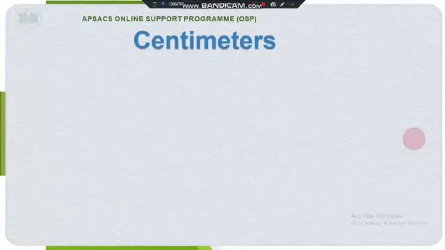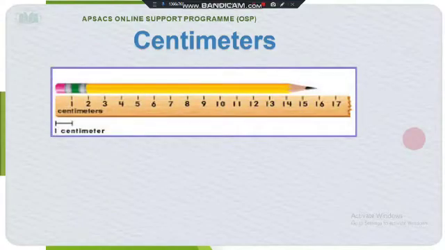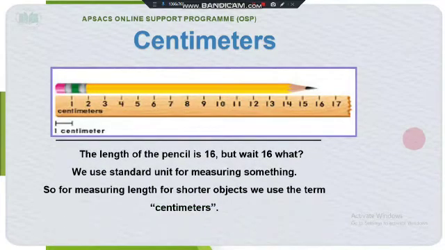Now, centimeters. What are centimeters? You can see over here, I am measuring a pencil and it is beside the ruler for measuring. Now, 16 is the number on the scale, but 16 what? Always remember that we use a standard unit for measuring something. What are standard units?